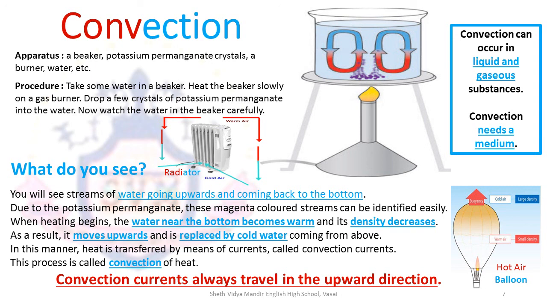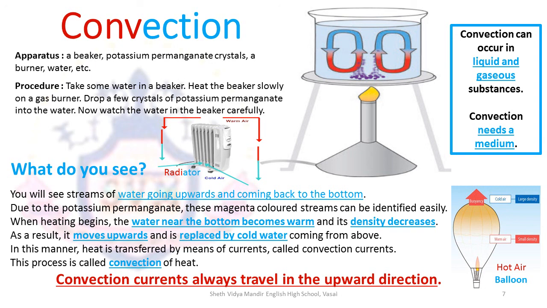Once it reaches up, it is away from the heat, so it will cool down and become heavier. Now it will come back down. Since it's down, it is closer to the heat source, so it will again become lighter and warmer and rise up, then become cooler at the top and come down again. So it's basically a cyclic process of heat transfer.